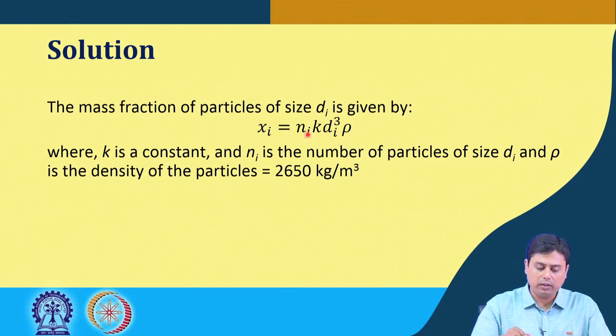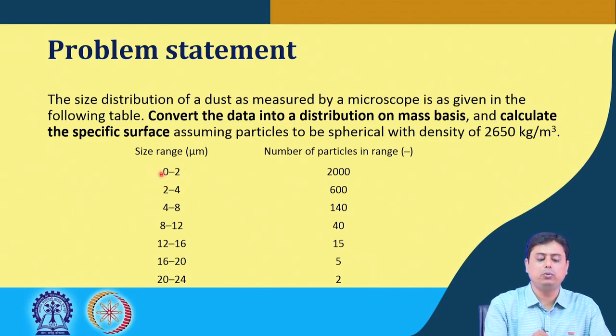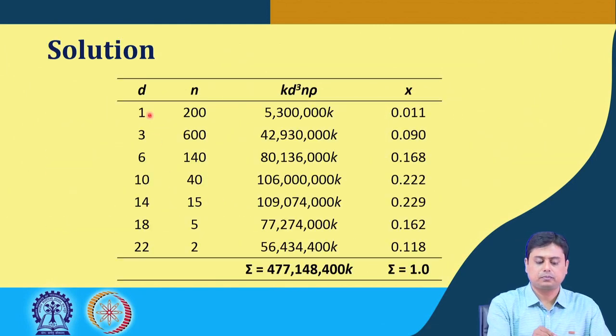Now, for this small range, what could be the d? As a simple approximation, we can take the arithmetic mean of this size range. From 0 to 2 it is 1, from 2 to 4 it is 3, from 4 to 8 it is 6. So, similarly, we have our first column of this table, which is the d.